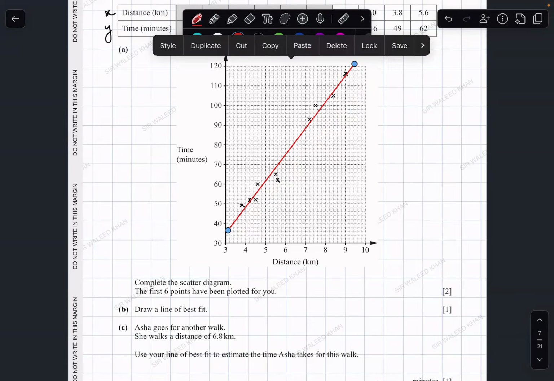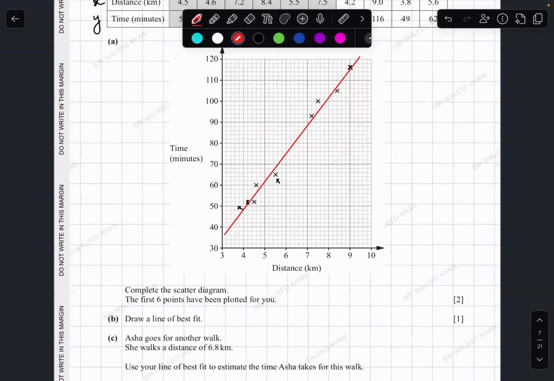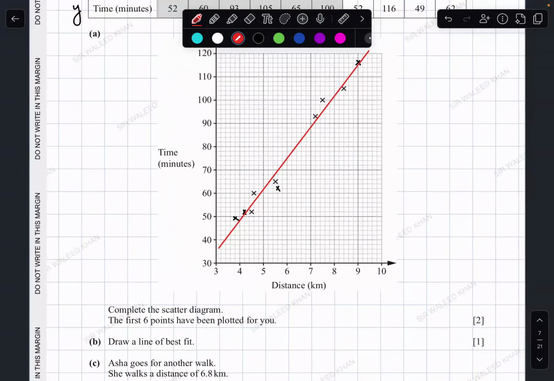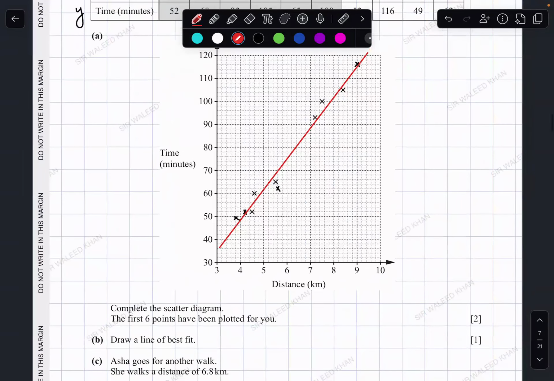I think this is fine for me. It is touching as many points as it can, and the rest, for example over here, are balanced about these two. Now you can always have a point or two above or below.